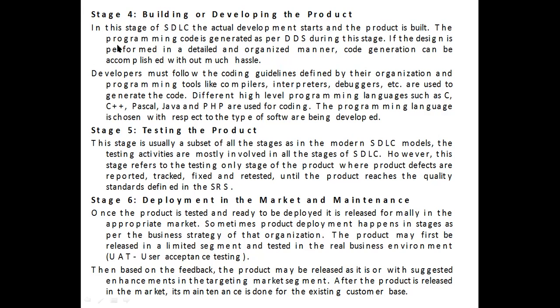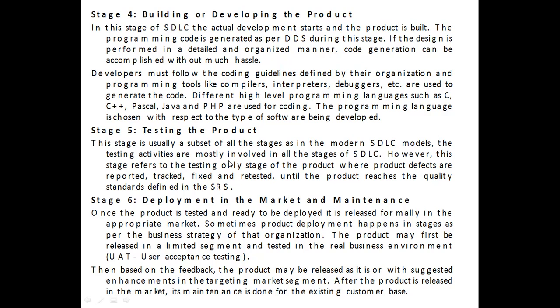Now we will study in detail the fifth stage, that is testing the product. Whatever software is developed in the development phase, we can test using black box testing, white box testing, manual testing, and automation testing. This stage is usually a subset of all the stages in the modern SDLC model.